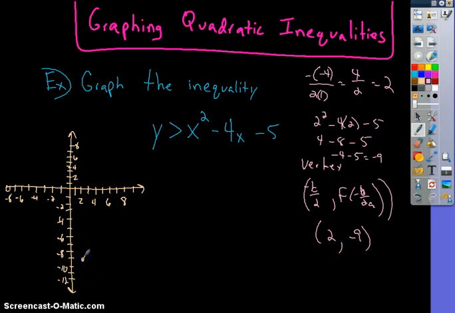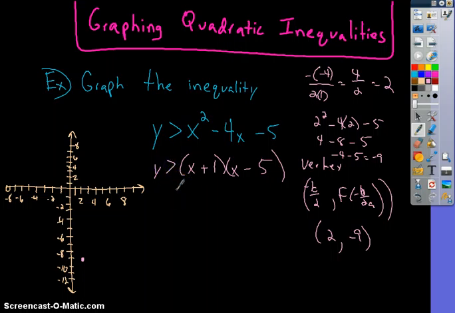And if I want to find some other points, I'll try to factor this. Like I can kind of see that's factorable. So basically I know I got unlike signs because this is negative. So one's positive, one's negative. And I'm looking for two numbers multiplied to get 5, and that'd be 4. So it's going to be negative 5, positive 1. So I'm looking for zeros.